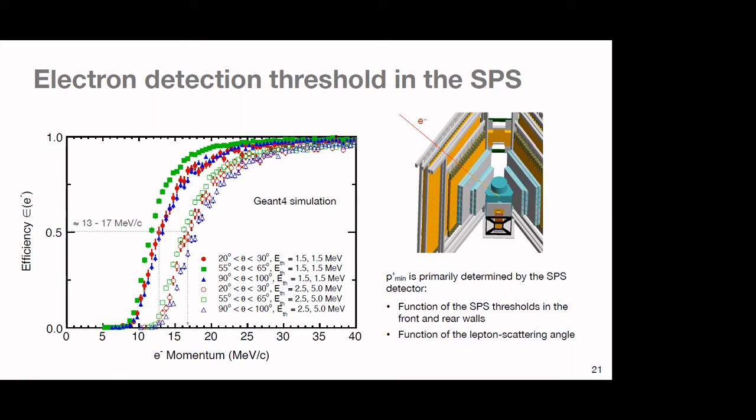And the only thing I want to point out, if the particle goes perpendicular straight through the wall, the threshold is a little bit lower because the material traversed is just thinner. If we go to the side with the lepton, then the amount of material is larger. So the threshold, the P prime min, that's the quantity we need to know for our radiative corrections, will depend on the detector settings for the discriminator, and will depend on the direction of the particle.